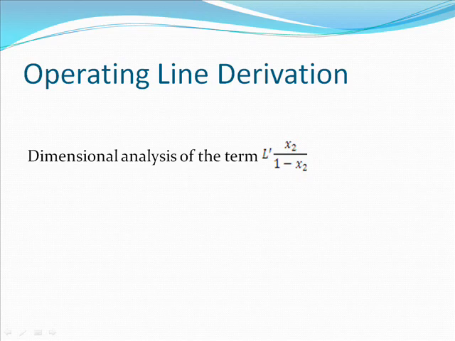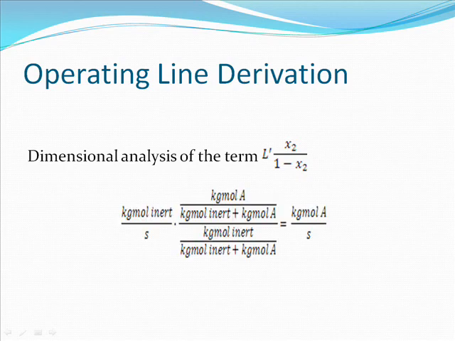Consider the first term, L prime times the quantity x sub 2 over 1 minus x sub 2, where L prime is in kilomole inert liquid per second, x sub 2 is in kilomole A per kilomole inert gas plus kilomole A, and 1 minus x sub 2 is the mole fraction of the inert gas, which is in kilomole inert gas per kilomole inert gas plus kilomole A. After cancelling, the unit of the whole term will be kilomole A per second.